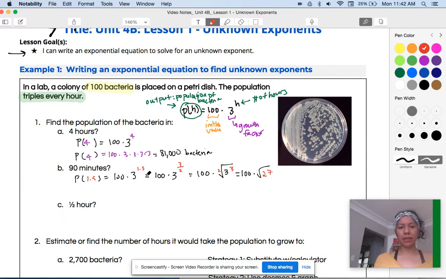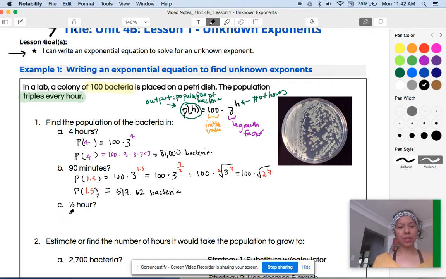Either way, these are all the same expressions. If you type any of these into your calculator, you're going to get the same answer: P of 1.5 is equal to 519.62 bacteria, rounded to the nearest hundredth.